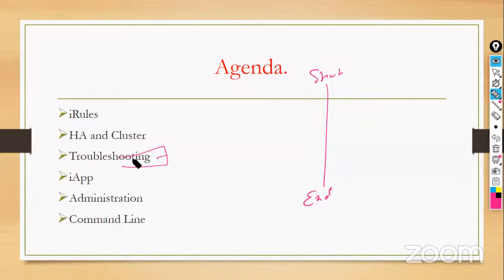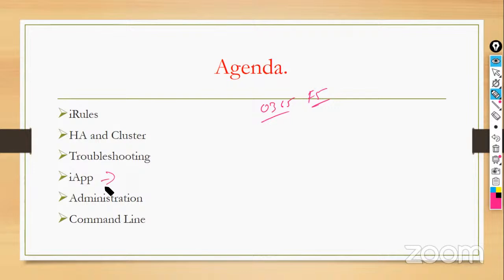and we need to understand it, right? iApps. iApps is a feature where, for example, you need to configure your Office 365 application on your F5, right? So we have a predefined template.